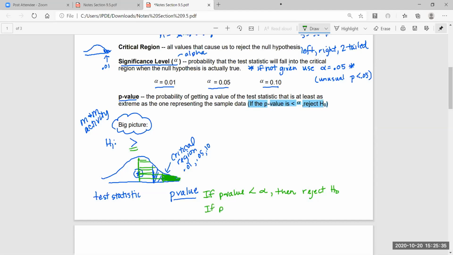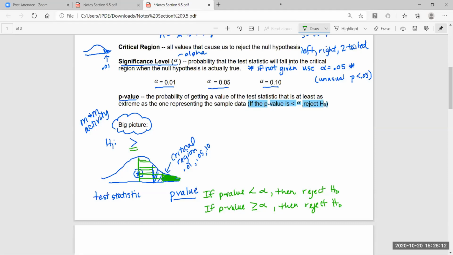So if the p-value is greater than alpha, then fail to reject. And it's interesting, depending on the book, because we're using a different book, some books put the equal here, some books put the equal there. Most of the time, you're not going to come up with the equals because you're not going to get exactly 0.05. You're going to get 0.0536 or 0.05003 or something like that. So I discovered that with this book, it does a little differently than the last book.